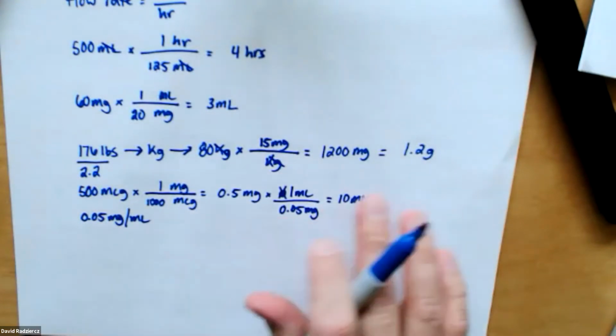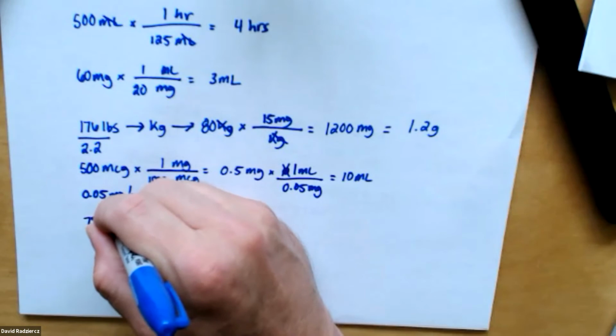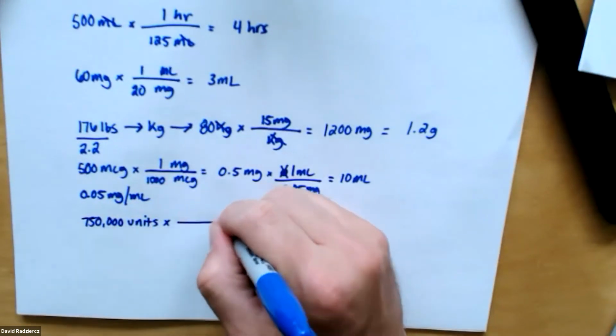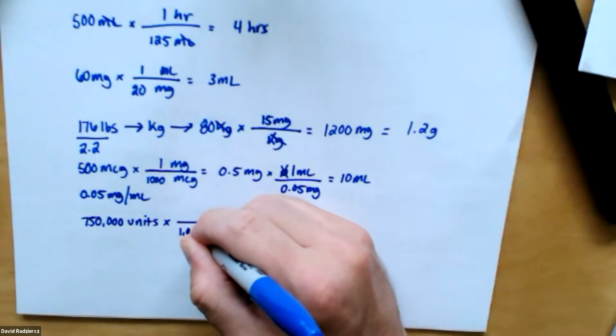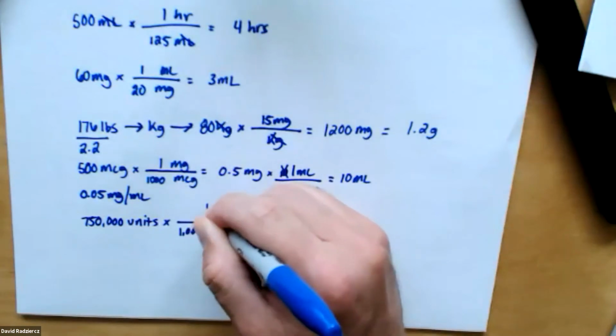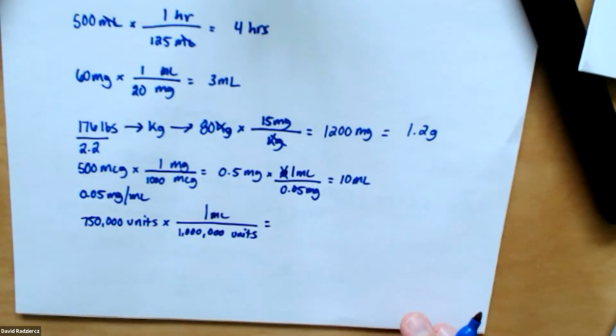So for your question, it says 750,000 units, and then you're just going to use the 1 million units per milliliter.